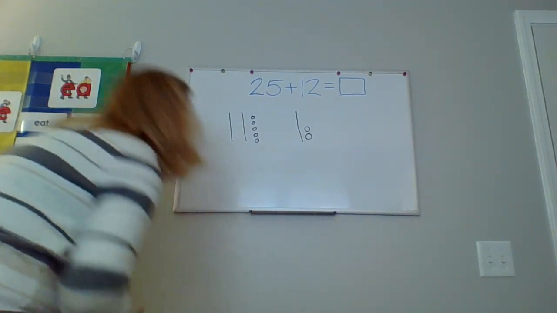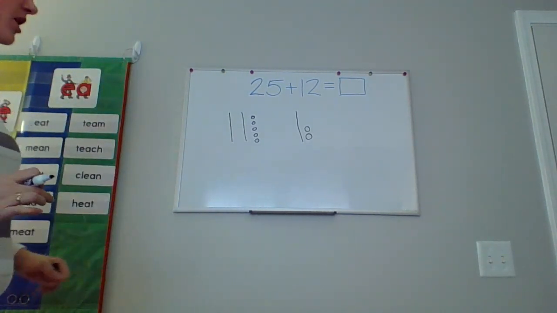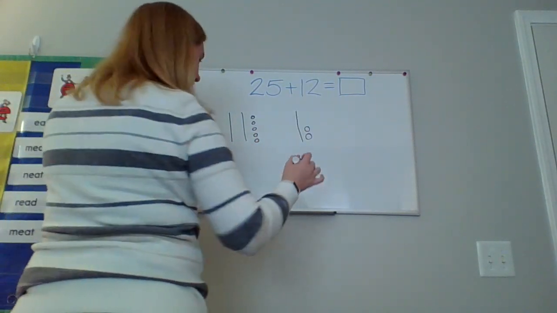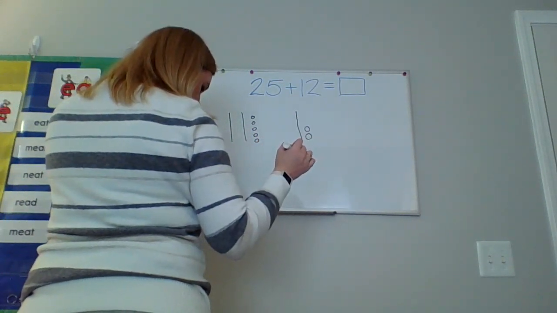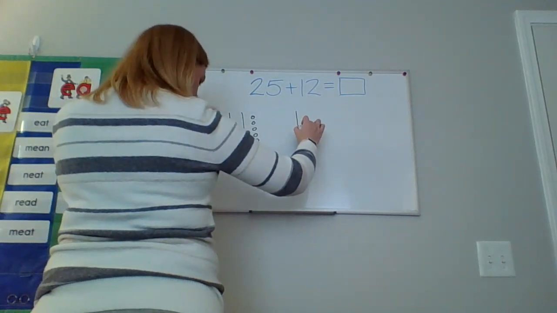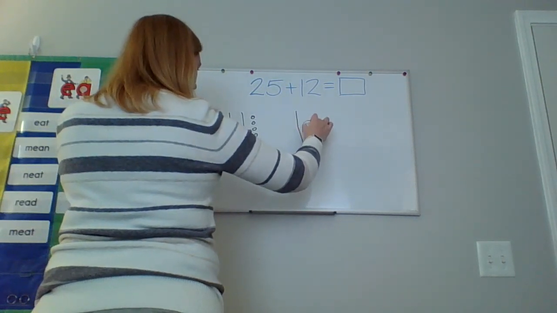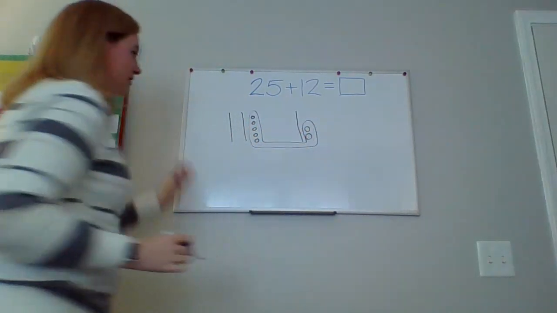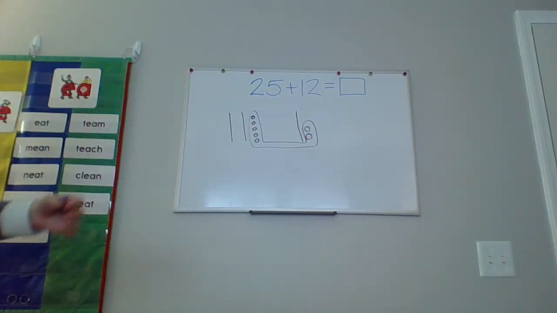Now, in your Big Ideas book, how they combine them is they take your ones and they go like this, and they draw them in a group together. I think it's confusing, but hey.